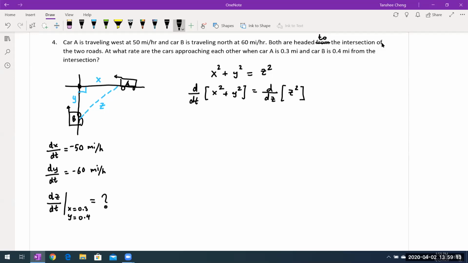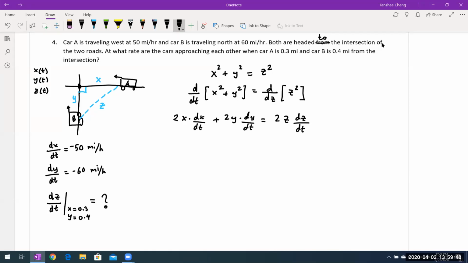When I take the derivative with respect to time on the left-hand side, that becomes 2x times dx/dt using the chain rule, plus 2y times dy/dt using the chain rule. And remember, x is a function of time, y is a function of time, and z is also a function of time. Okay? So that will become 2z dz/dt.